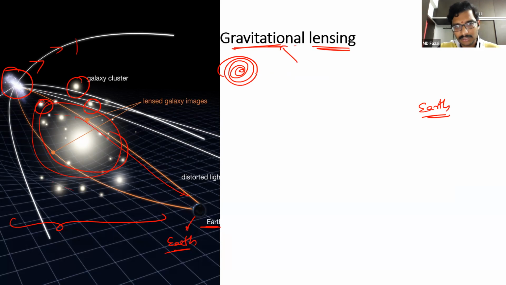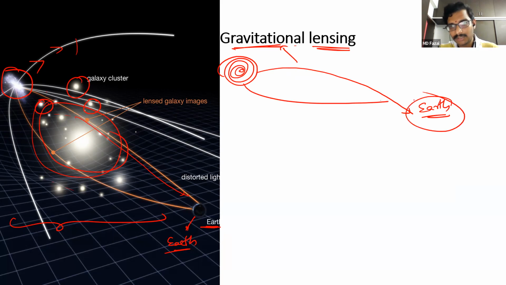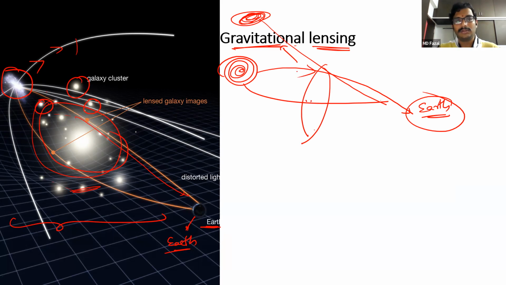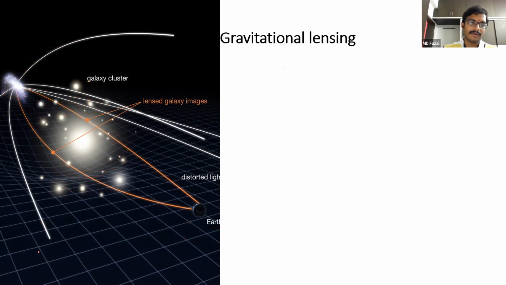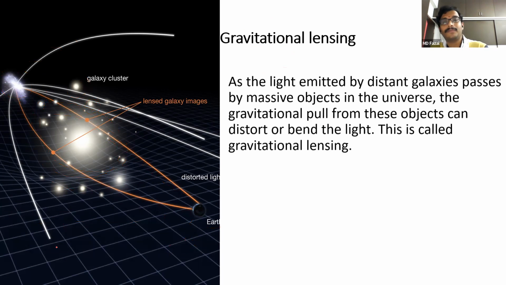Because of the gravity, the light reaching us from this galaxy is being bent. Now when you observe from Earth, you will feel as if the galaxy is somewhere else. All the stars are acting like a lens and bending the light. The galaxy will appear as if it is located here, but actually it is not located there. So this phenomenon is called gravitational lensing.